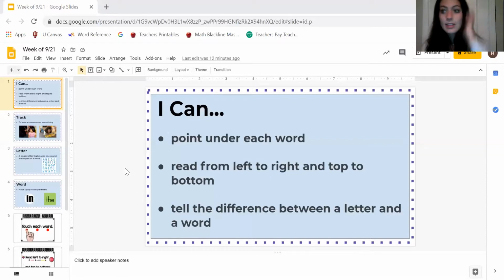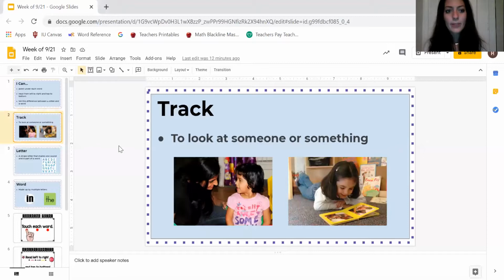Okay, so now that we've read through all those, we're going to go through a few vocab words, which are words that we might not know, but we'll know after we read these. Our first word is track. We talked about this word a few times in the past lessons we've done. So when teachers say track, that means to look at someone or something.